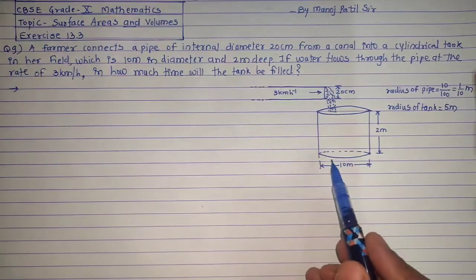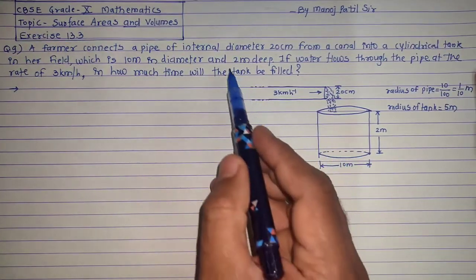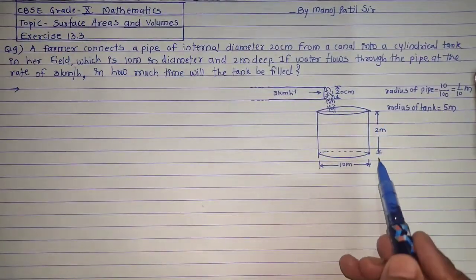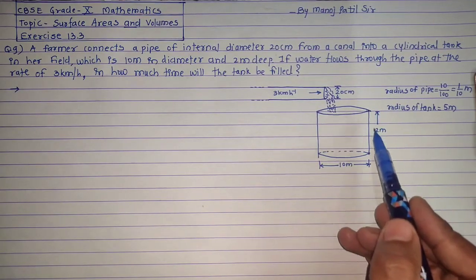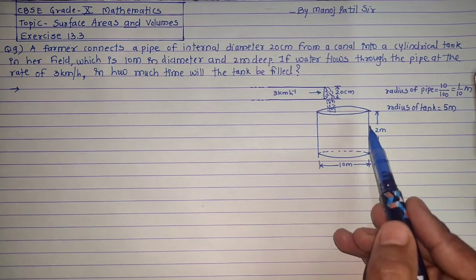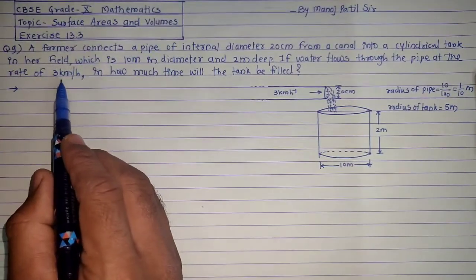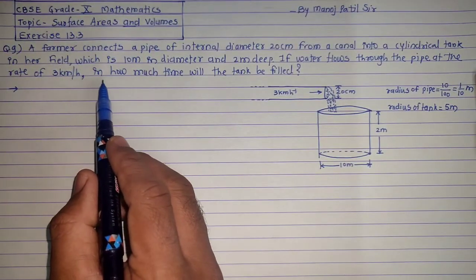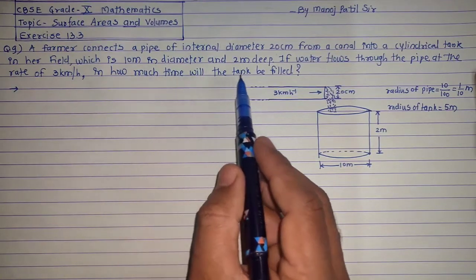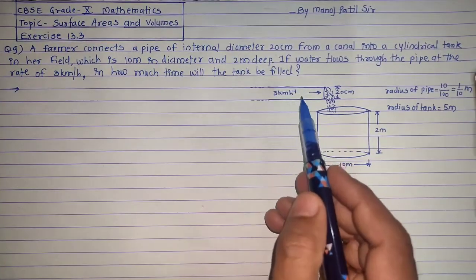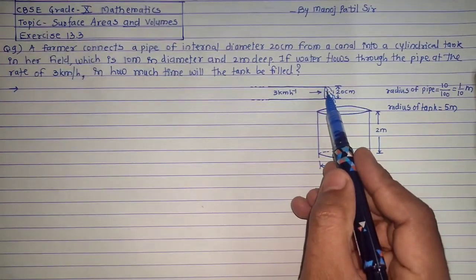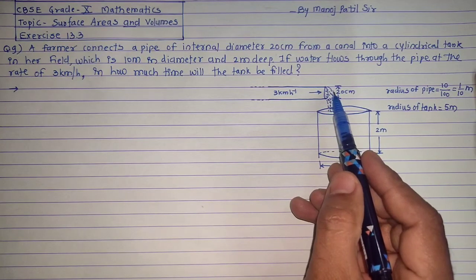So diameter of the tank is given 10 meter and 2 meter deep. So depth of the tank is, or the height of the tank is 2 meter. If water flows through the pipe at the rate of 3 km per hour, in how much time will the tank be filled?